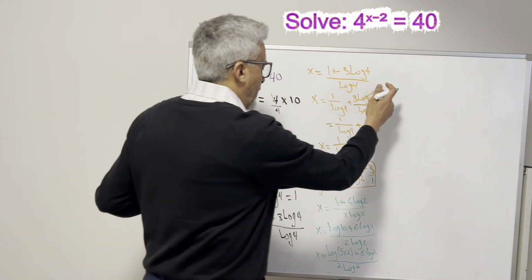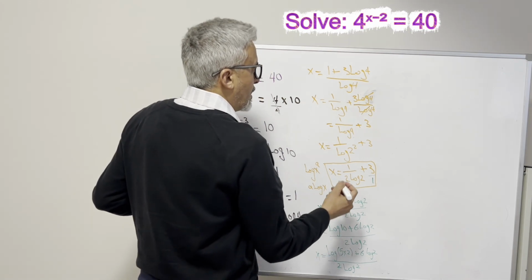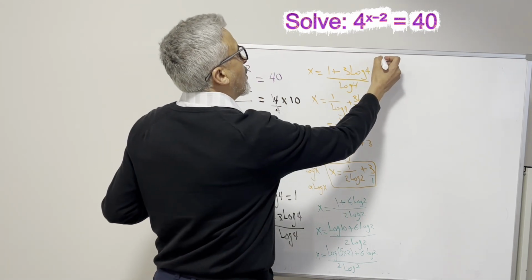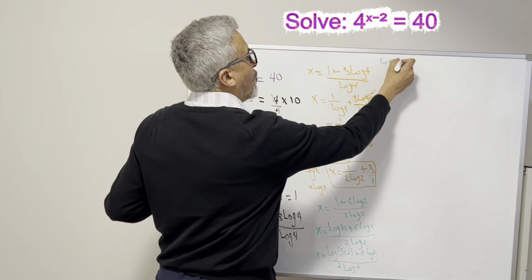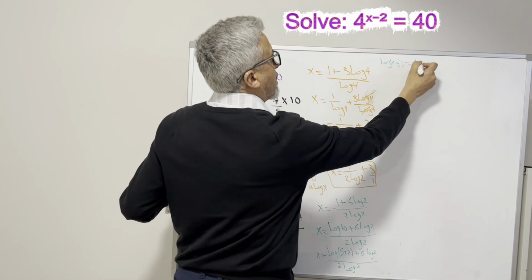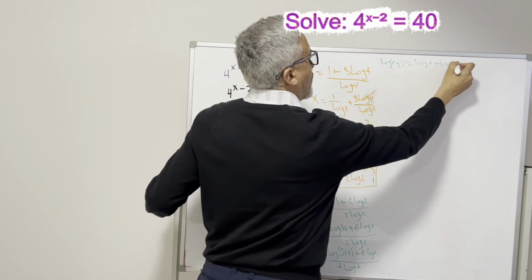So now log of 5 times 2, as we all know, log of x times y equals log x plus log y.